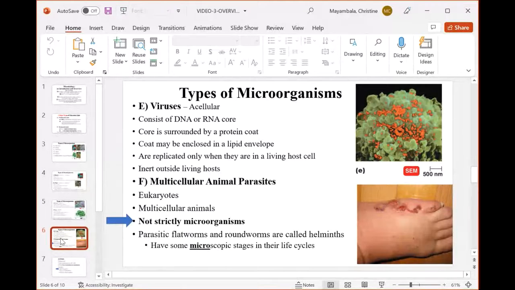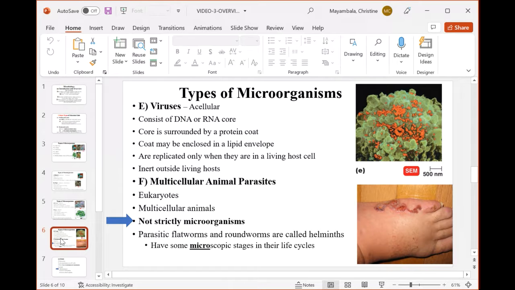And of course, along with viruses, animal parasites are also eukaryotic. That means that whatever they have is very similar to human beings. Now, many human parasites, including different types of worms, flatworms, roundworms, hookworms, many of them you can see, but they have some stages that are microscopic.